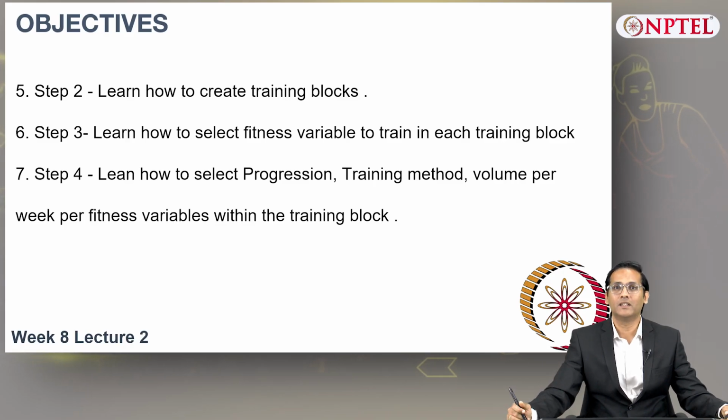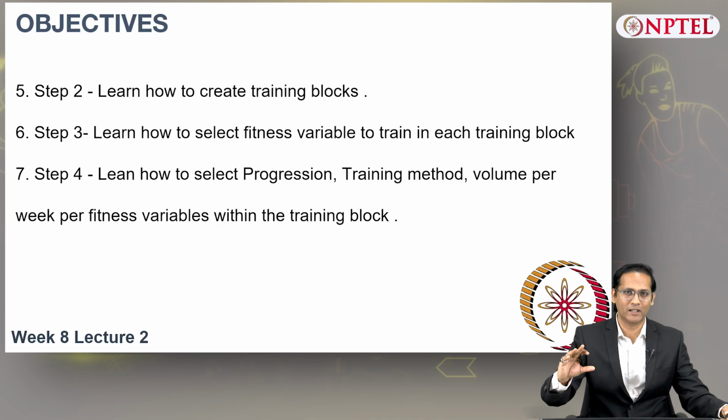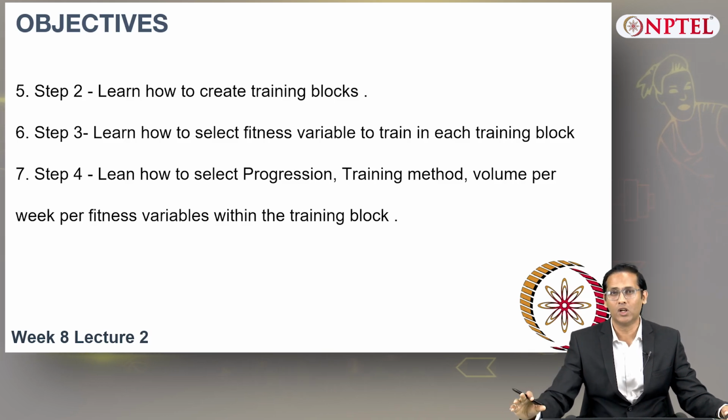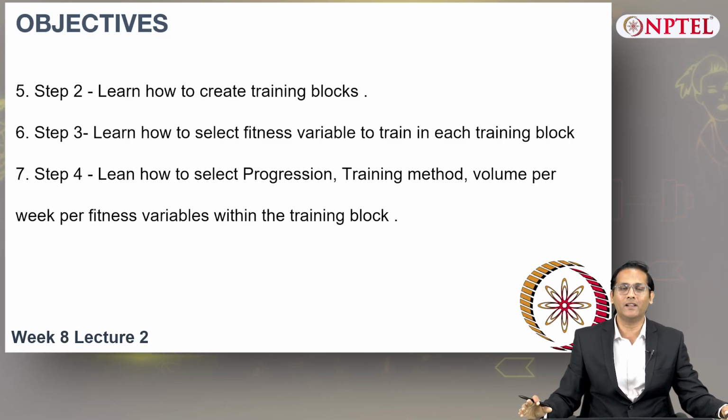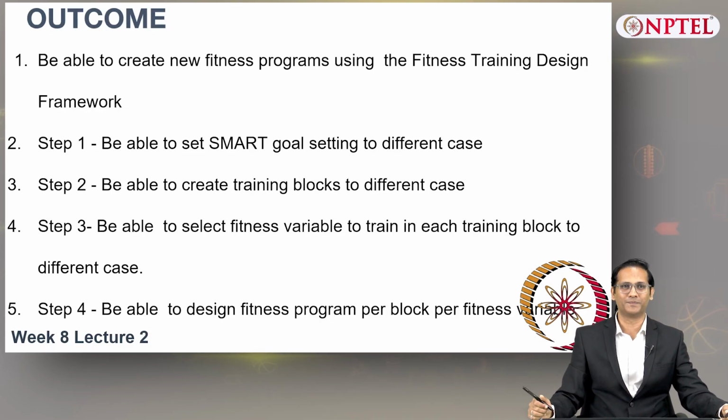And finally, now you have the cycles, and you have the fitness variable to train within that cycle. Now you will design a program, which is the selection of progression, training method, and volume per week per fitness variable within the training block.